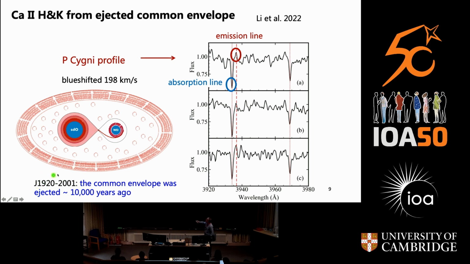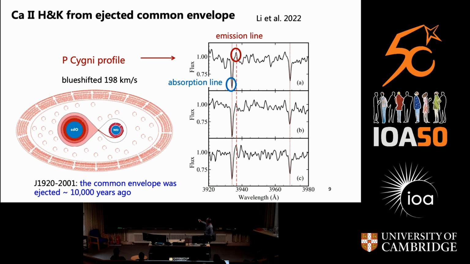We have a project, J1920-2001. We found a hot subdwarf binary, because hot subdwarf binaries come from common envelope evolution. For such a system, if there is a common envelope ejected, the envelope velocity is about 200 kilometers per second.